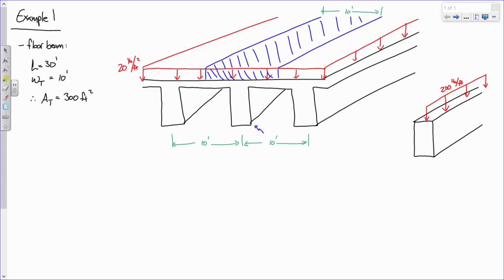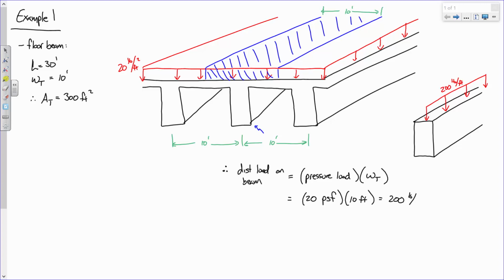In other words, if you want the equation, the distributed load on a beam is the pressure load times the tributary width. So 20 pounds per square foot times 10 feet, 200 pounds per foot.